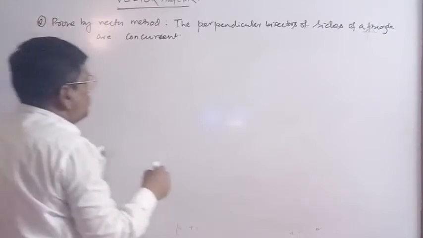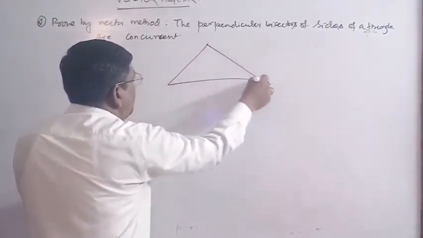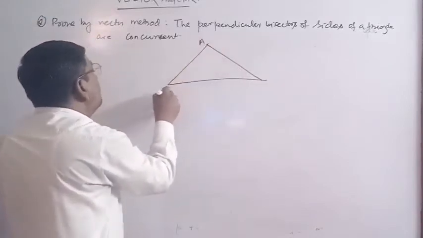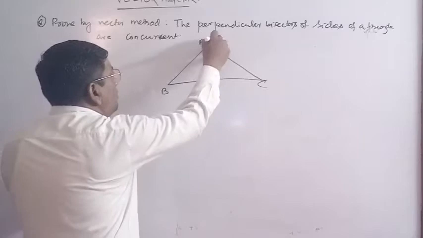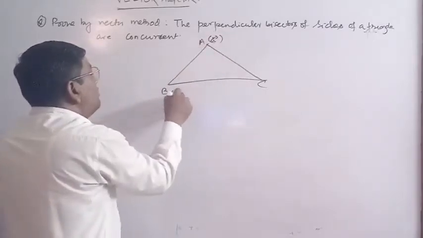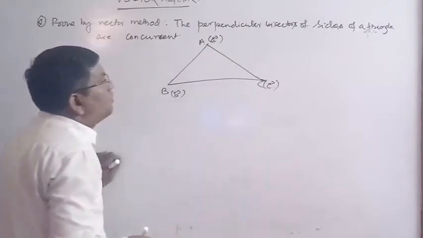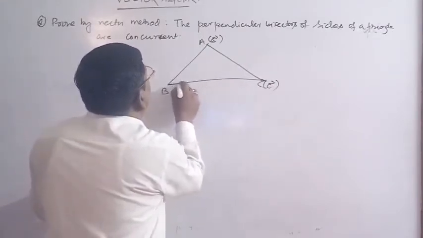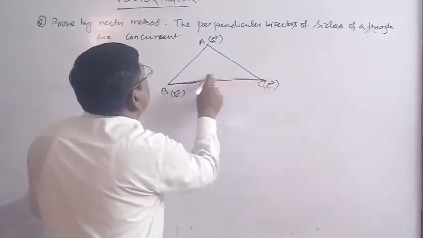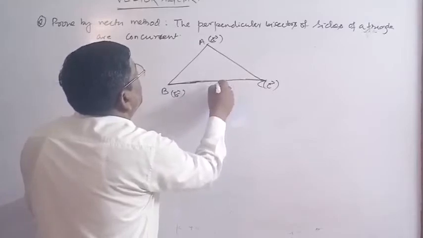Now suppose this is the triangle ABC whose vertices have position vectors A, B and C. What is a perpendicular bisector of the sides? It means we have to bisect this line perpendicularly.